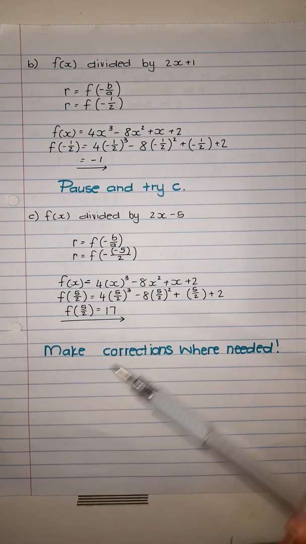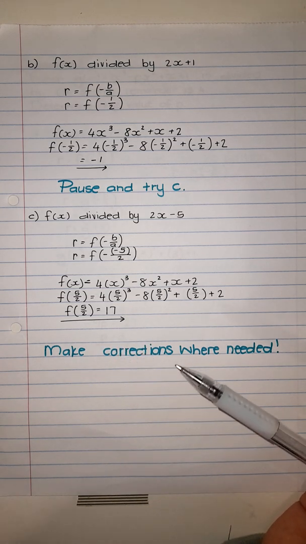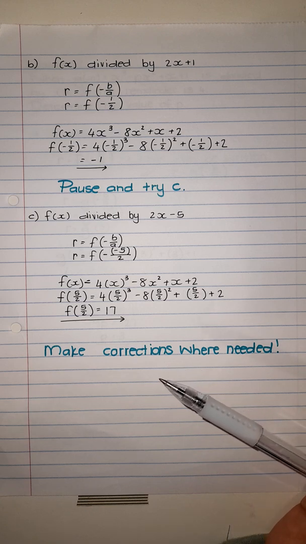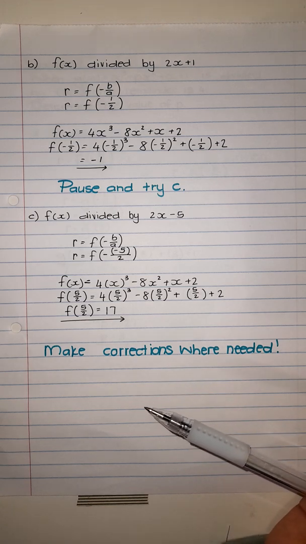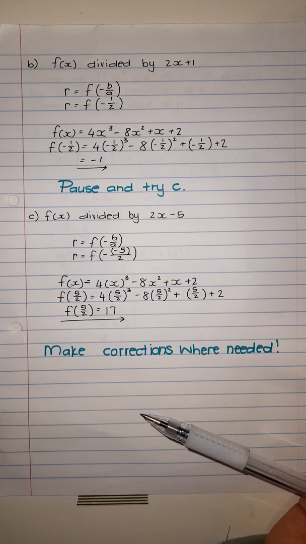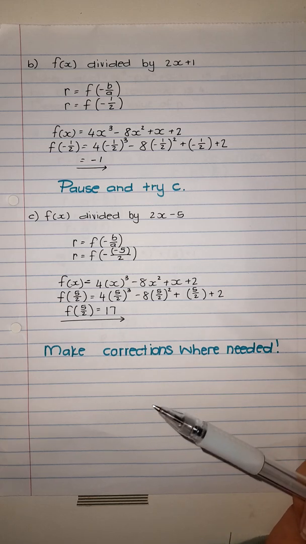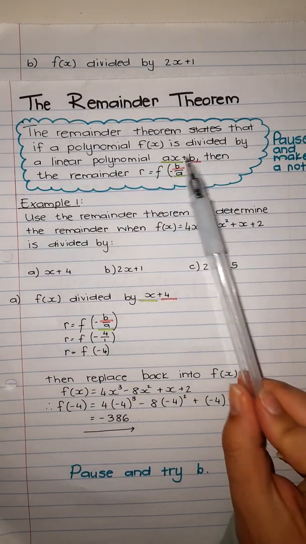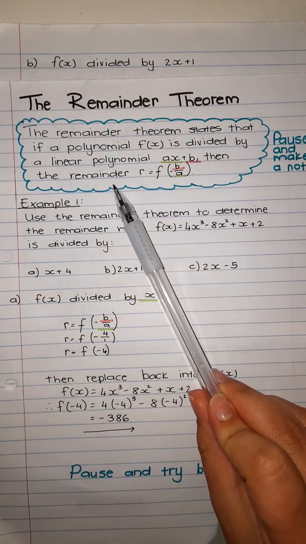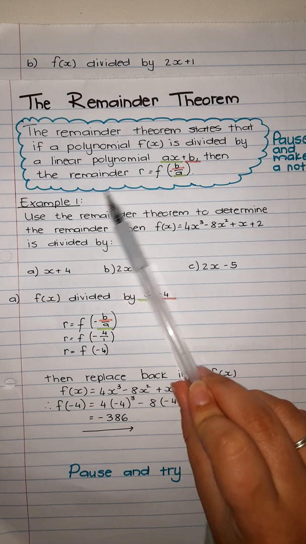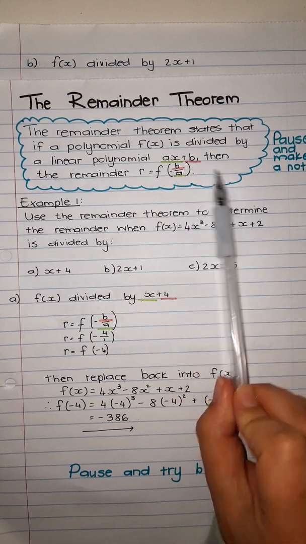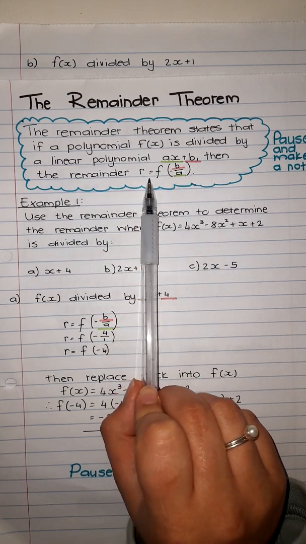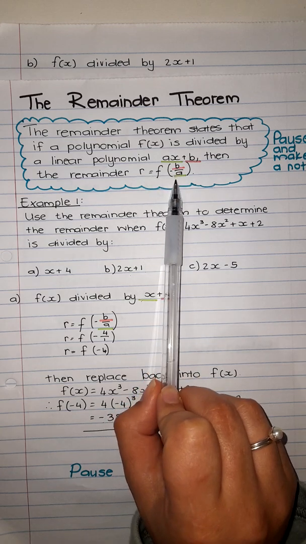Okay, so please make corrections where needed. And this is a fairly easy concept, the remainder theorem. So if I go back to my definition of it, the remainder theorem states that if a polynomial f(x) is divided by a linear polynomial ax plus b, then the remainder r equals f(negative b over a).